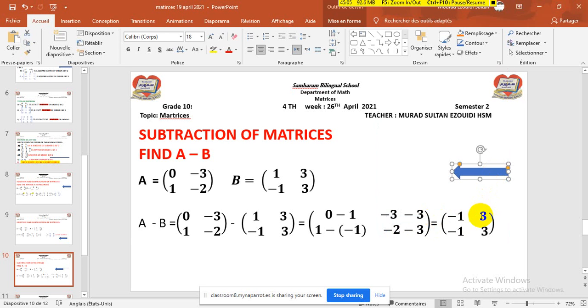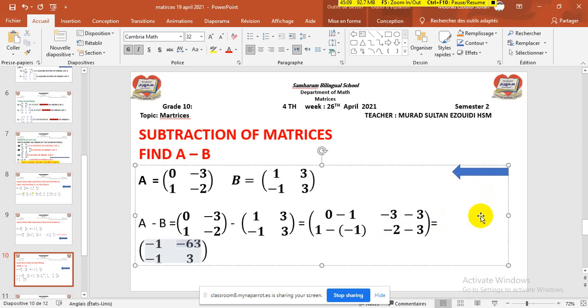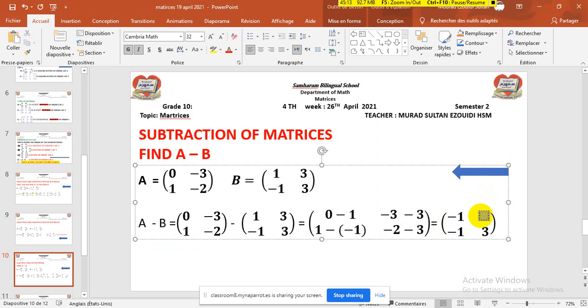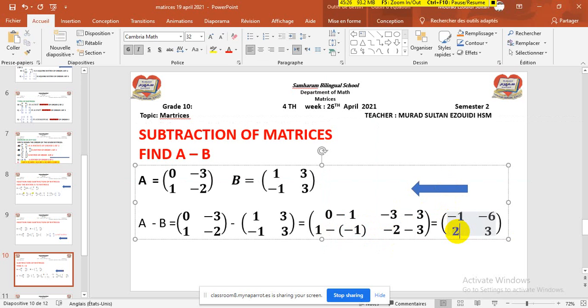It will be negative 6. Clear. Then look here: minus 1, minus is positive. 1 plus 1 is 2. Good. I will write here 2.